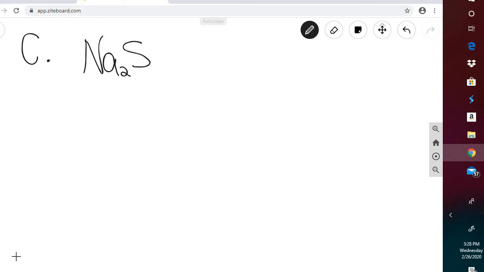So sodium is in column 1A, so its charge is +1. And there's 2 of those, so the charge on the sodium would be +2, and therefore the sulfur needs to be a -2 in order for the whole molecule to have a charge of 0.